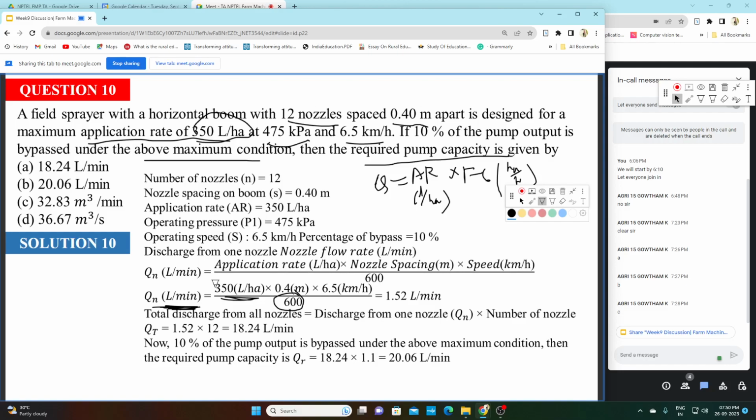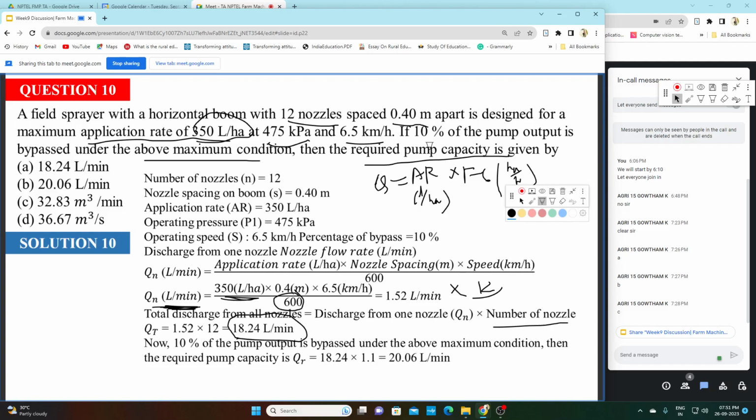So that is 350 into 0.4 into 6.5 divided by 600, and again into number of nozzles, that is 12. So we will get the total flow rate of the pump.